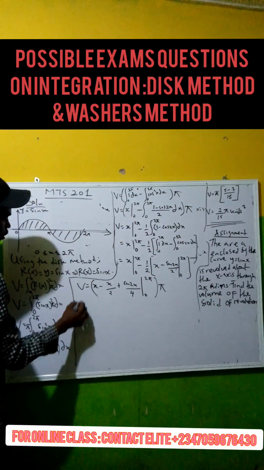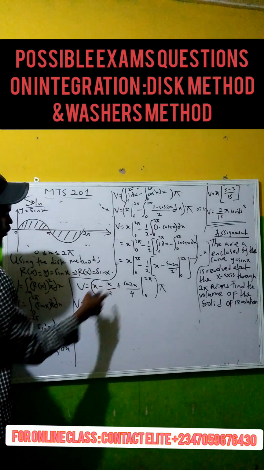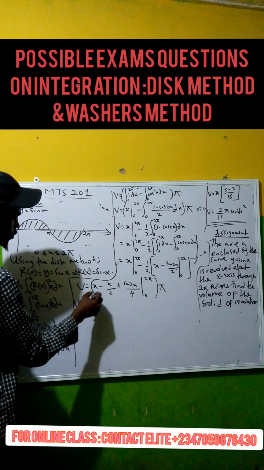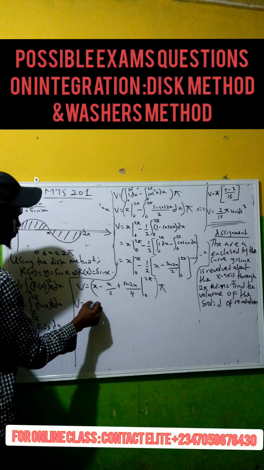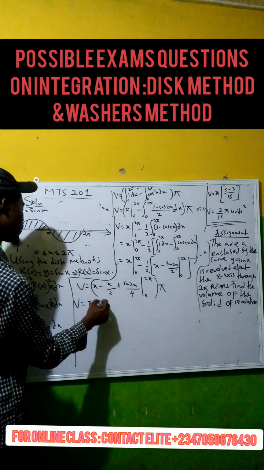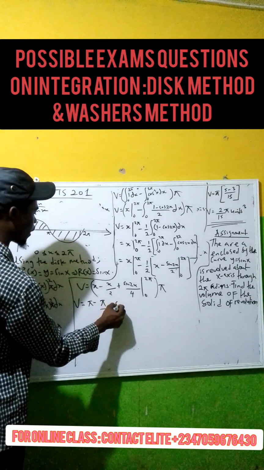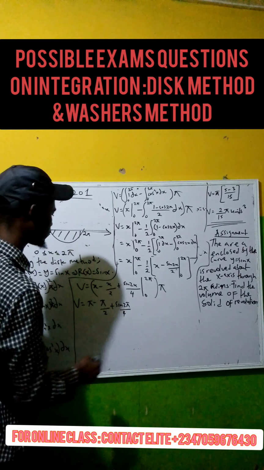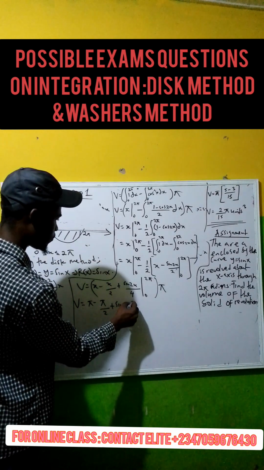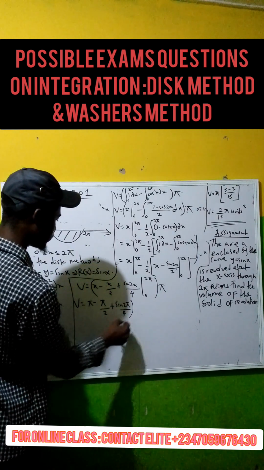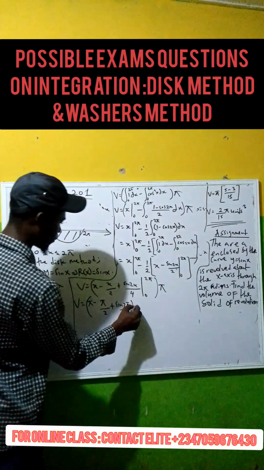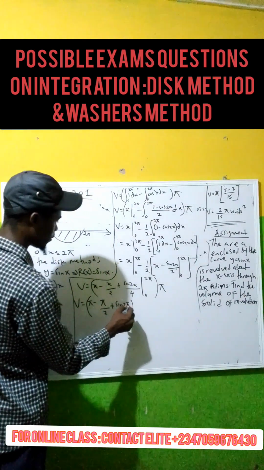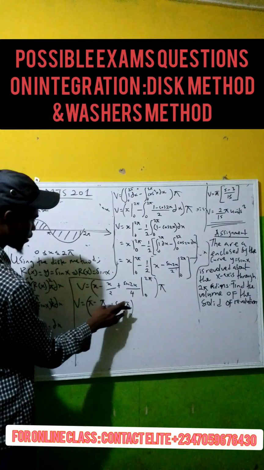So now we now have that. You now solve this completely. So you are going to be having pi, minus pi over 2 plus sin 2 pi over 4. No, 2 pi, sorry.